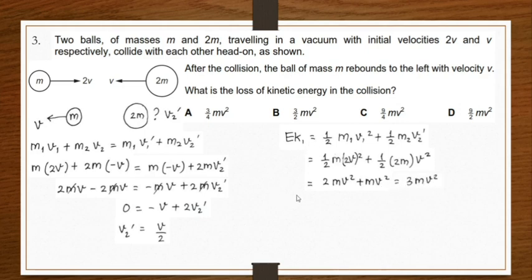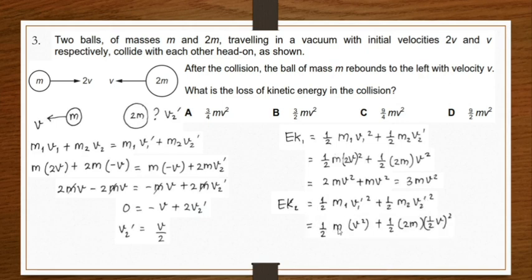After the collision, we can find kinetic energy by using the same equation, a half m1 v1 prime squared plus a half m2 v2 prime squared. So it is a half m times v squared.